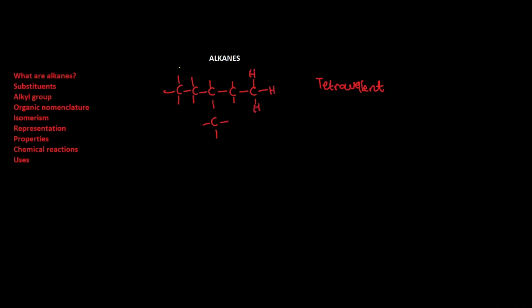So we have our hydrogens attached here. This is not a substituted alkane, it's a pure hydrocarbon, no other constituent elements apart from carbon and hydrogen. Now, how are we to name this given alkane?